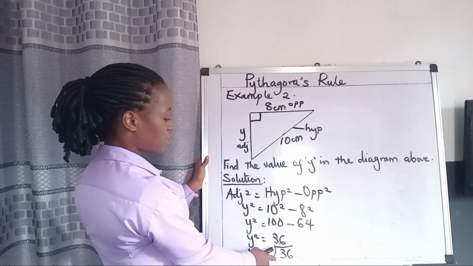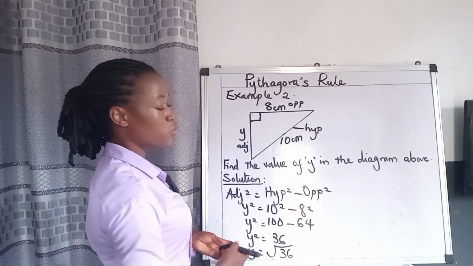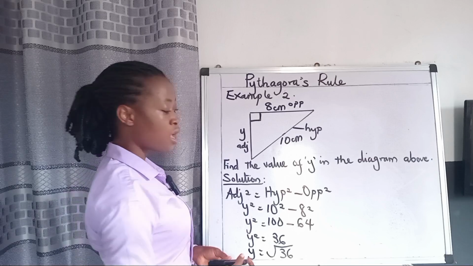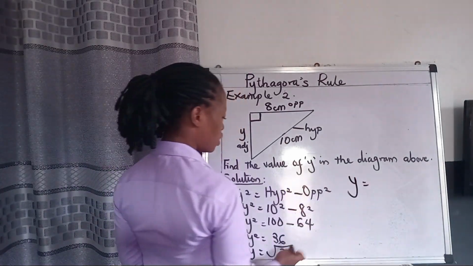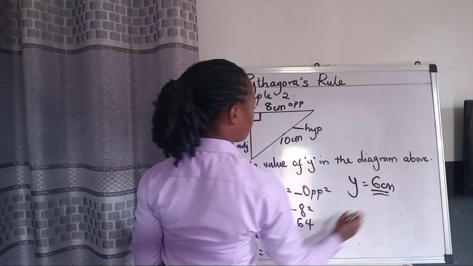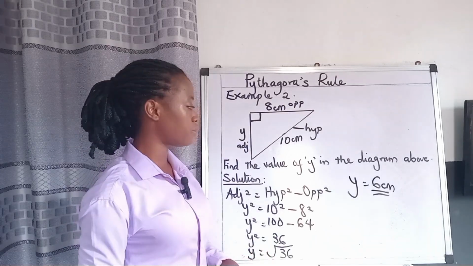So the square root of 36 is equal to 6. I believe you know how to find square root of numbers. Okay, so 36 is a perfect square, so it has a square root, and the square root is equal to 6. So the value of y is equal to 6 centimeters.